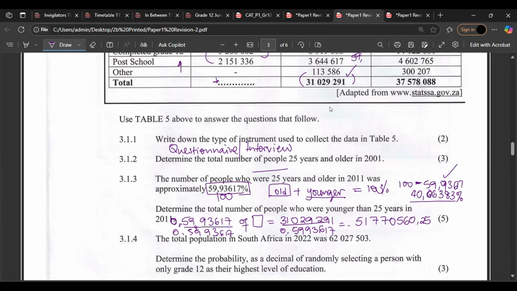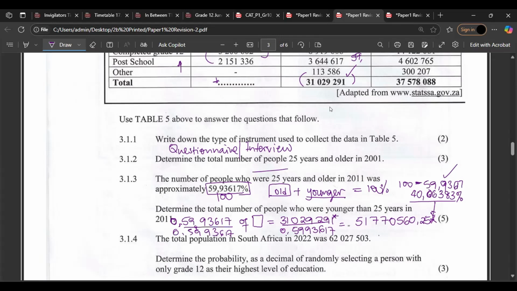So here we look for, actually at this moment you can subtract this value here. So we subtract this value, the total number of those ones who are, or you can multiply it with this percentage here. Multiply with this percentage that we got, times 0.4006383.